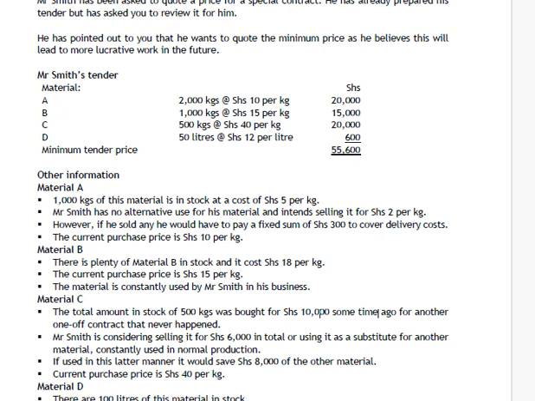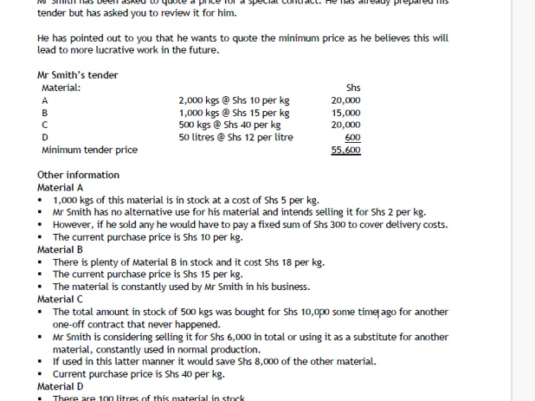They had acquired them some time ago for another one-off contract that never happened. So if they use them, they will not be replaced, because they are not used regularly.